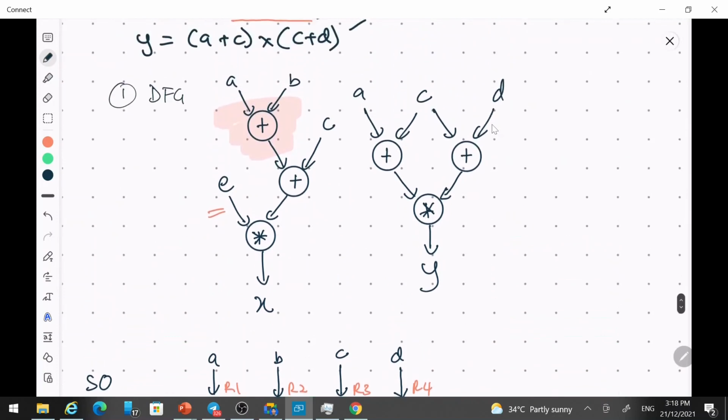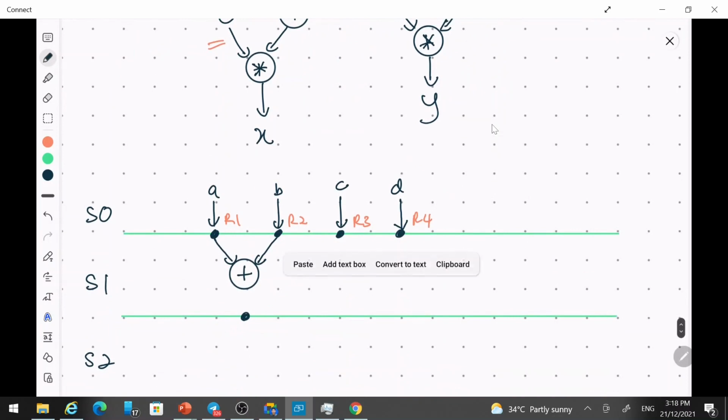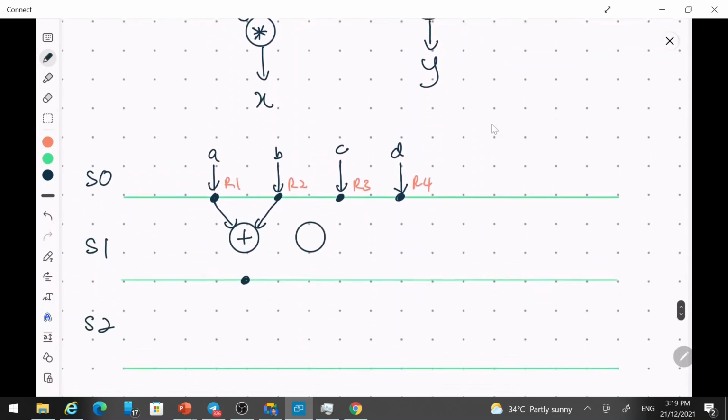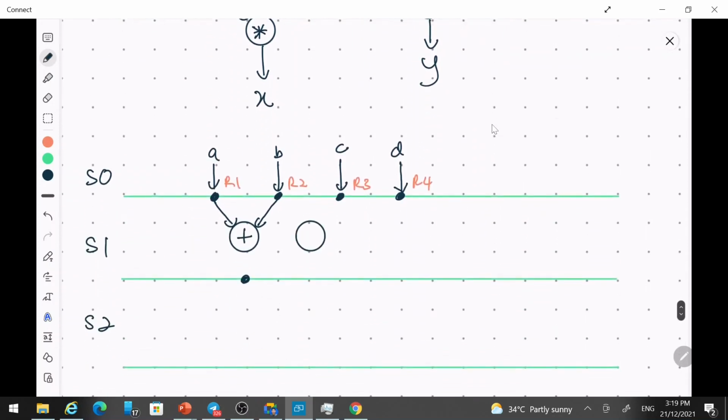A again we need to use, but this one can be done in the same cycle. Is it A plus C? Yes, A plus C we can have in the same cycle. So this A plus C we can have here, and the result is here. And this one can be saved in R1, all right?